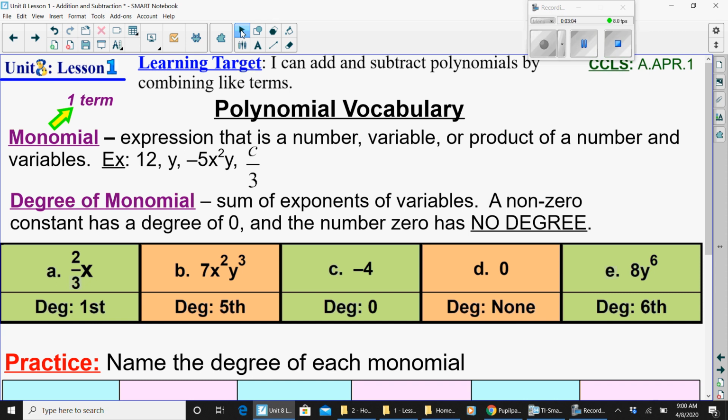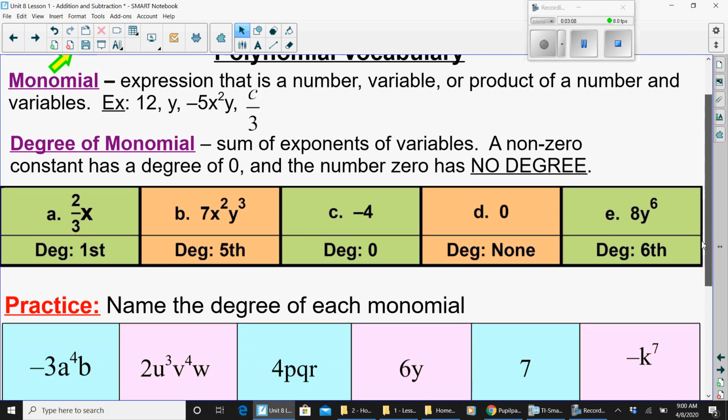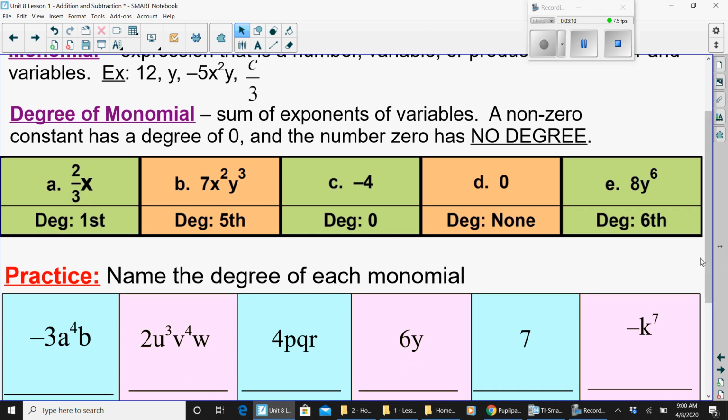So 2/3 x is the first degree, because you're just counting this exponent right here as the first degree. You're talking about a degree of 1.